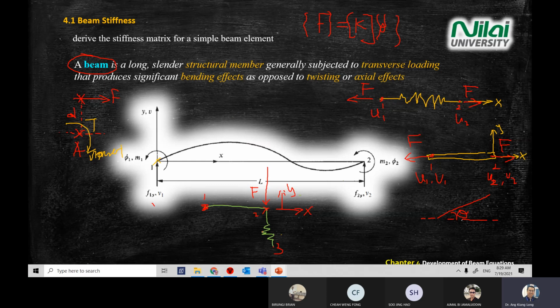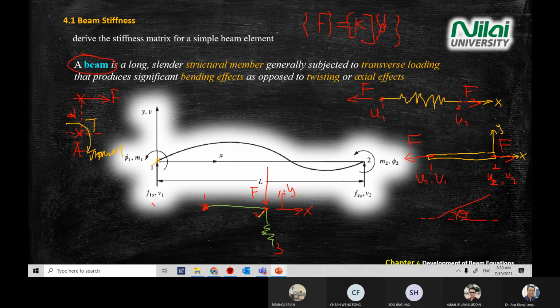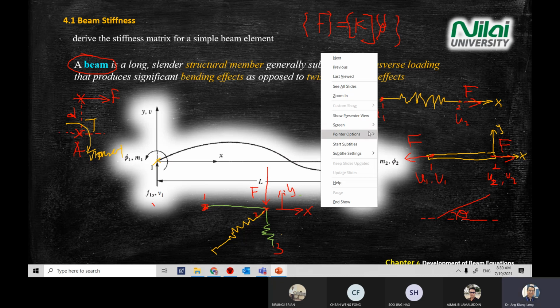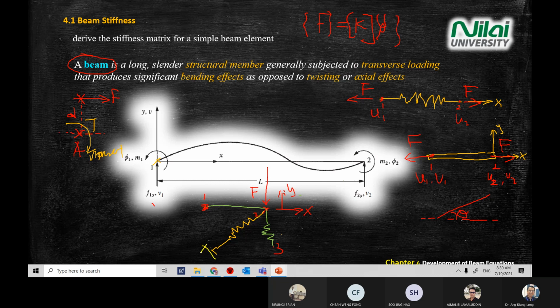Now, what happens if I add another spring here, with a 45 degree angle? Let's say I add another pin mounted to the wall. This is point number 4.